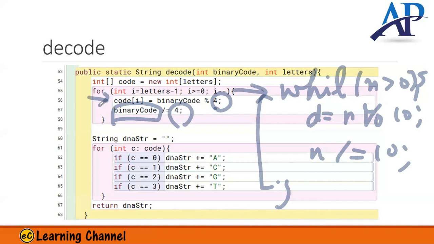So you start from the last one, which is the least significant one. That's the first one being taken out from the base 4 system. With that, the first one we take out, we put into this code array, and each one of them I put into a symbol.